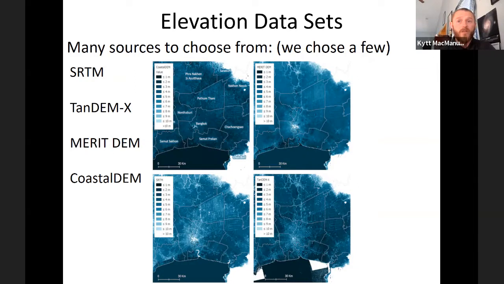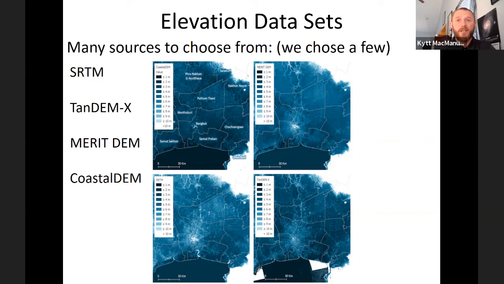Coastal DEM, one of the newer data sets that was just released in the past couple of years, also has SRTM as its baseline, but it uses machine learning techniques and different modeling techniques to make improvements.